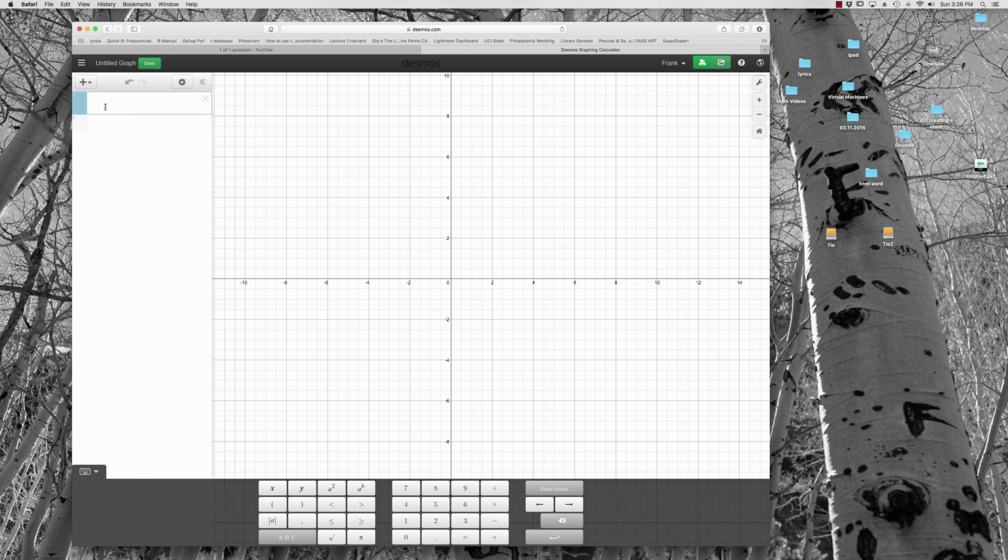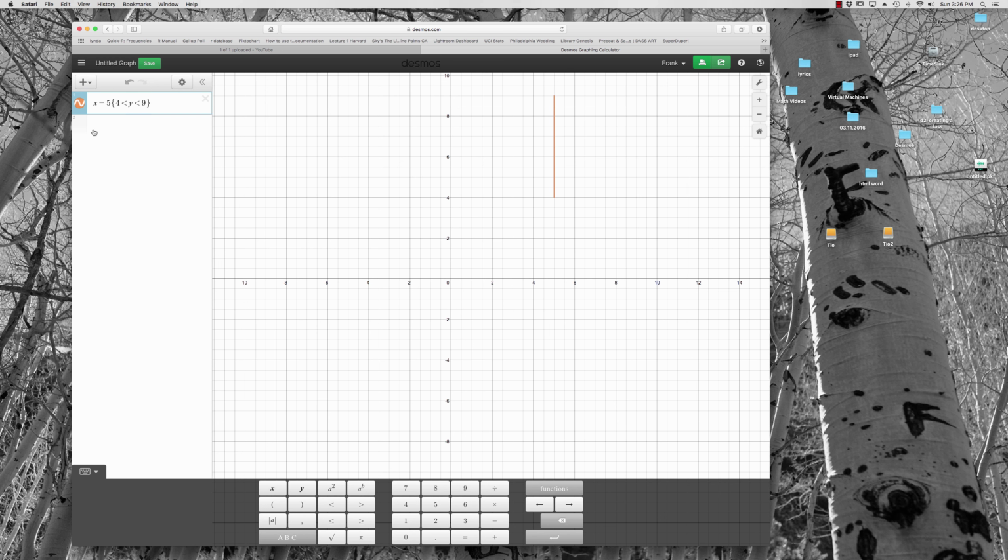Okay, let's see if it works for Desmos. We got x is equal to 5. So it draws a vertical line. Then we're going to put a curly bracket. 4 is less than y less than 9. Curly bracket. And there's our line.